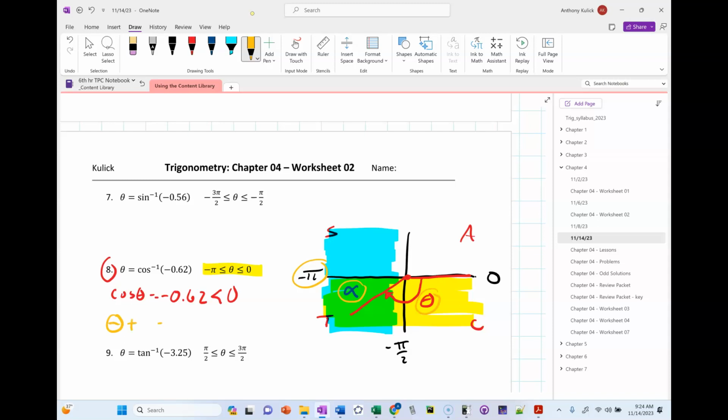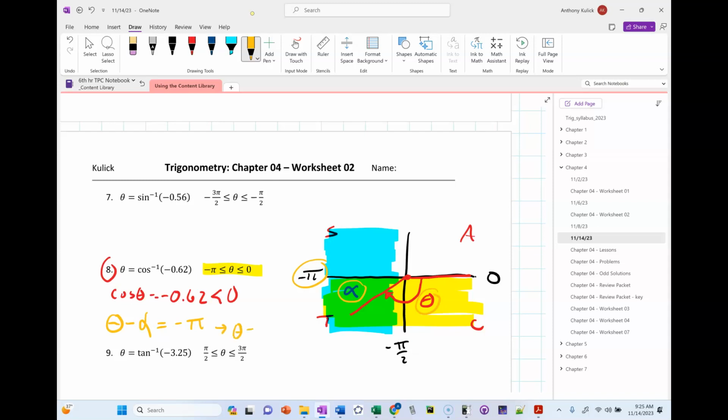So theta plus something, well, not plus though, right? If theta is too big, we should be subtracting something, right? So if theta is bigger than negative pi, to make theta get to negative pi, we have to make it smaller, so we have to subtract. What are we going to have to subtract? Well, alpha in this case.